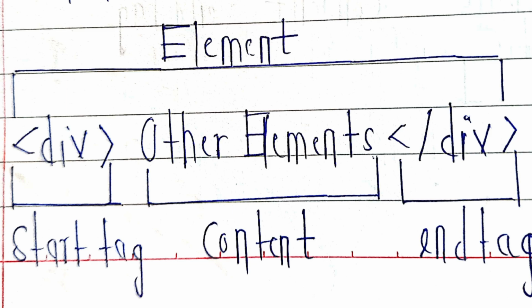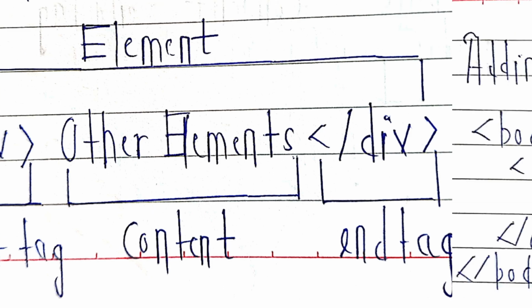Here, less than div greater than is the start tag. Then other element is the content. This can be text, images or even other elements. End tag. Together this forms a complete HTML element.